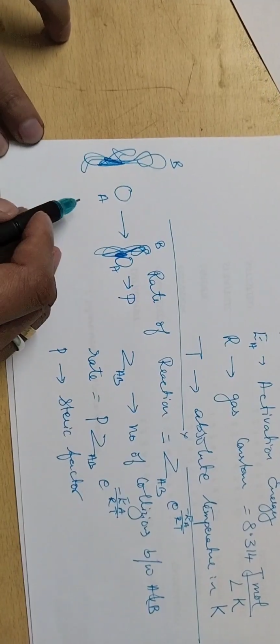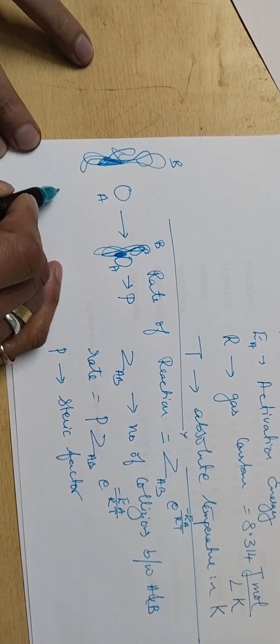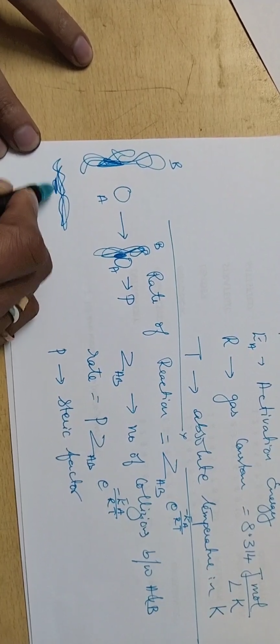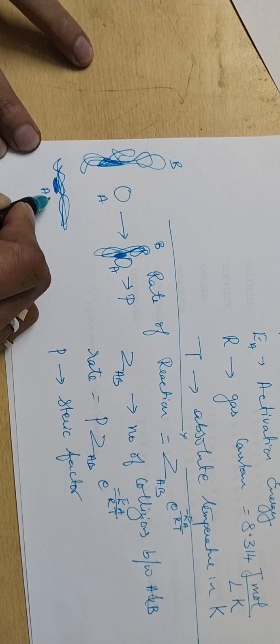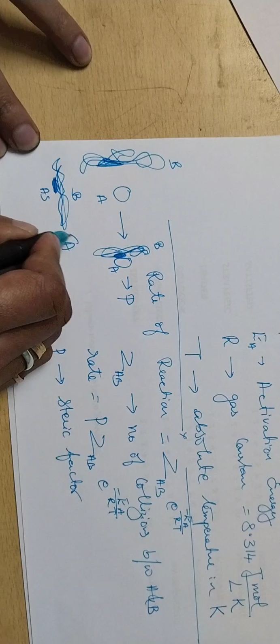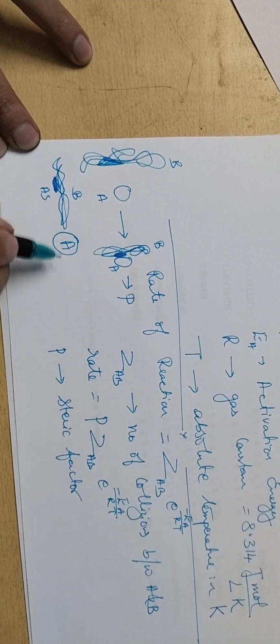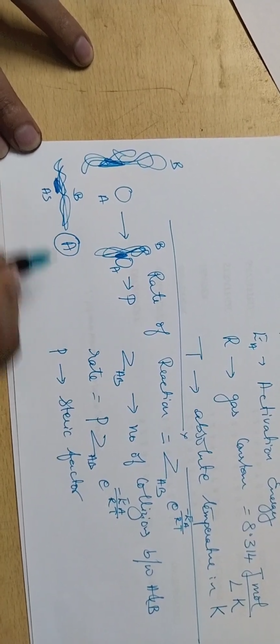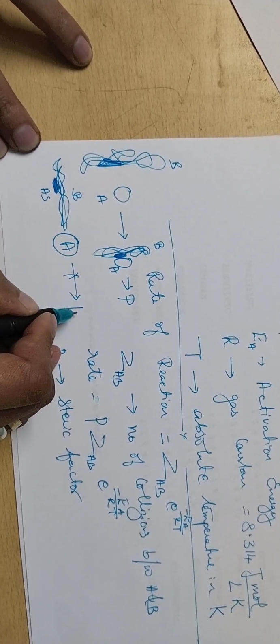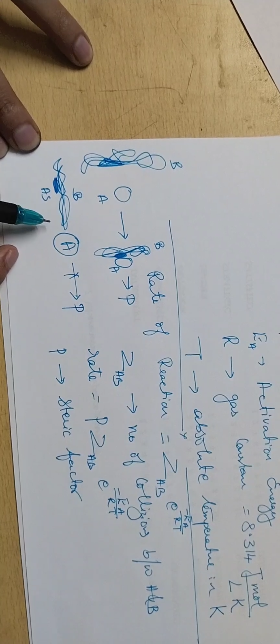If the collision happens in any other orientation, the active site is here, and the molecule B is colliding with A in any other position, it's not going to give product for us, because this is not an effective collision.